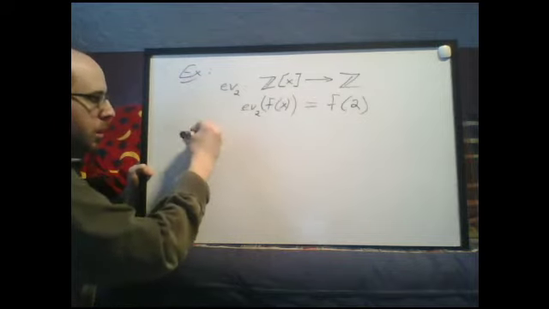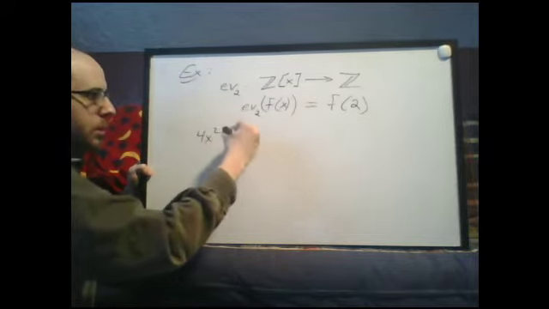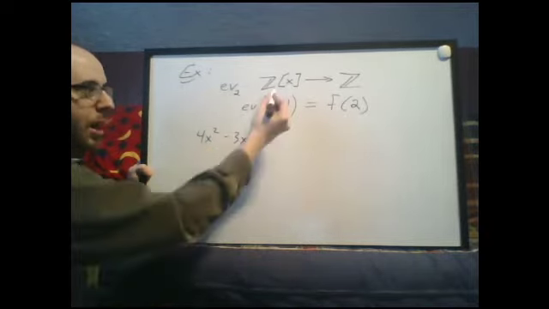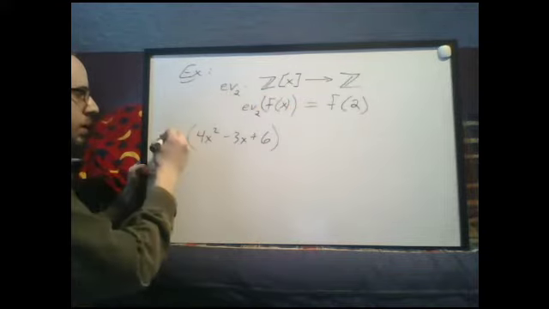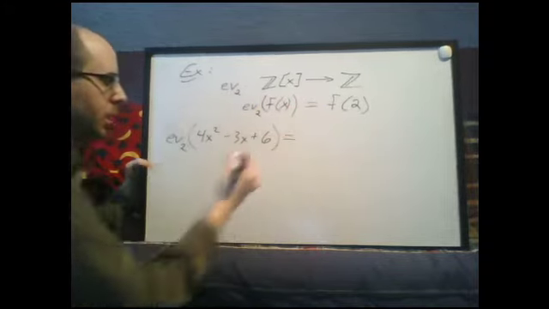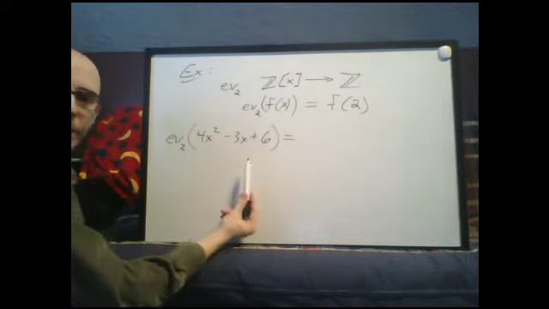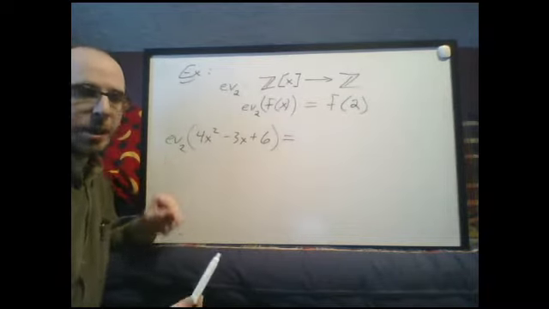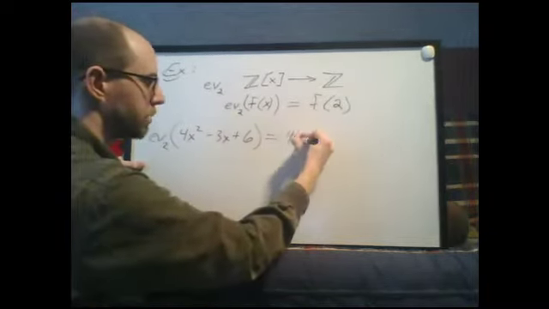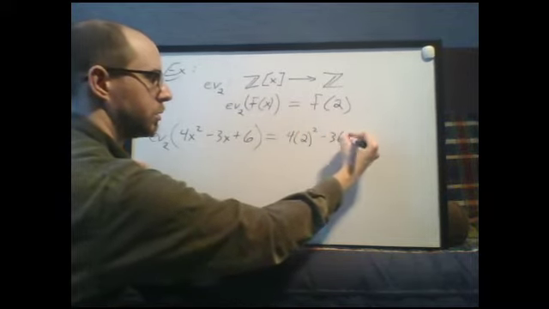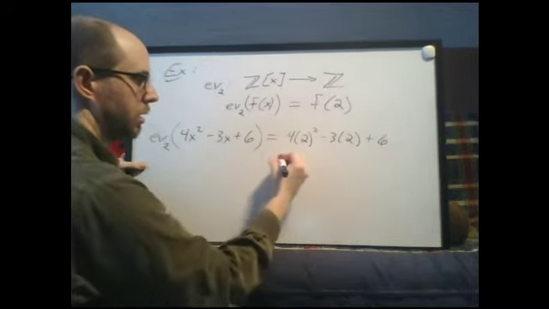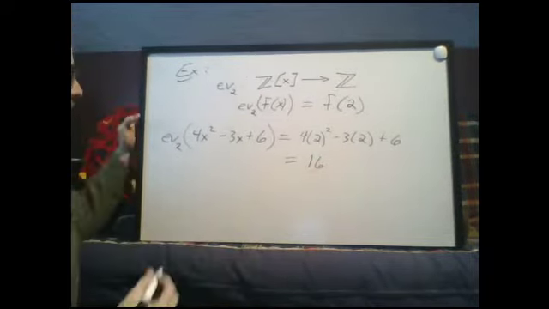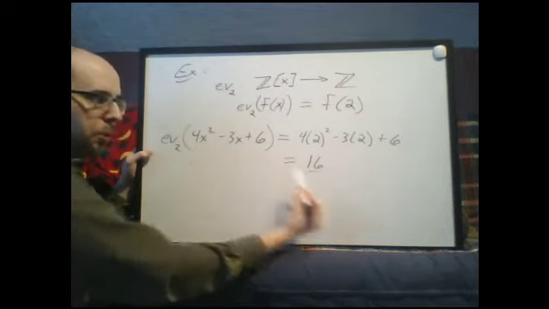Suppose it was 4x squared minus 3x plus 6. That's an element of Z[x]. So ev sub 2 of that is, I plug in 2 in place of all the x's. That gives me a computation in Z that simplifies to an integer. It'll be 4 times 2 squared minus 3 times 2 plus 6. That's 16 minus 6 plus 6, so 16. So EV2 of this polynomial is 16.